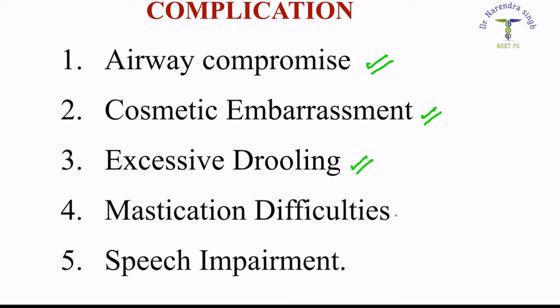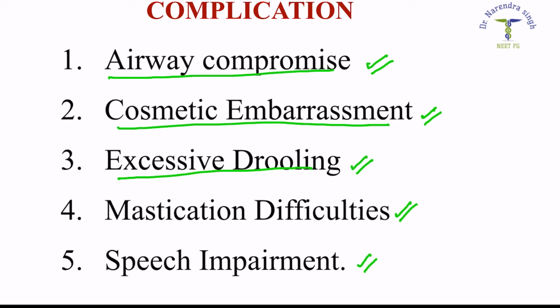Fourth is mastication difficulties. And fifth is speech impairment. These are the most common complications of this deformity: first airway compromise, second cosmetic embarrassment, third excessive drooling of saliva, fourth mastication difficulties, and fifth speech impairment.